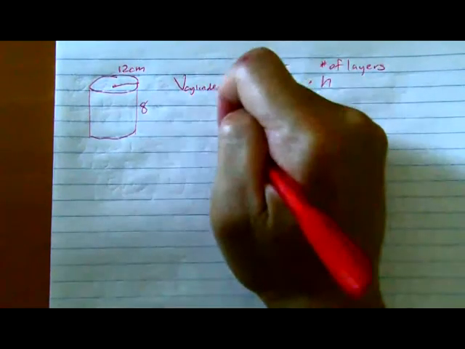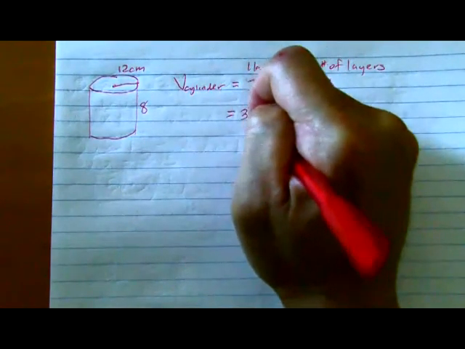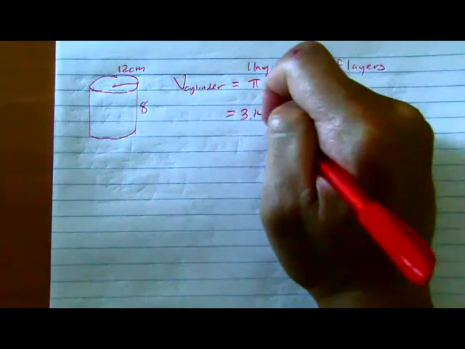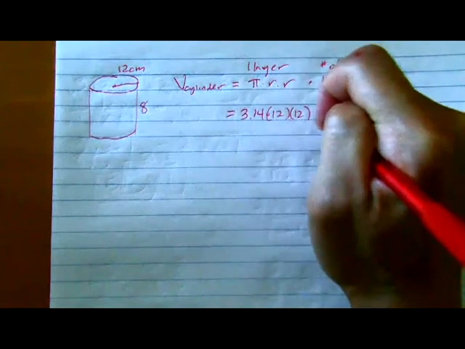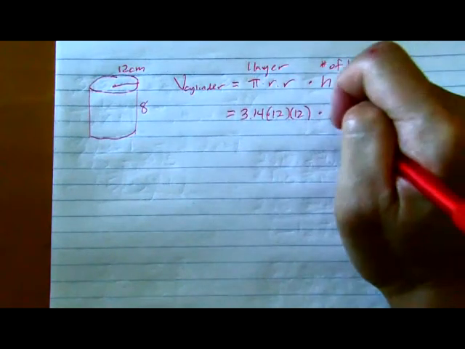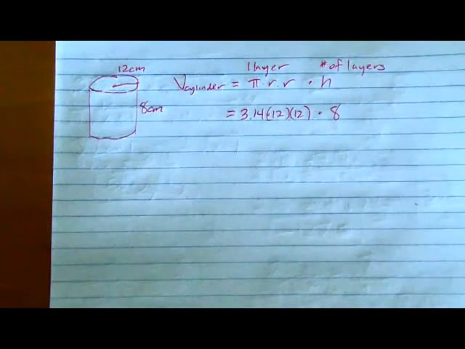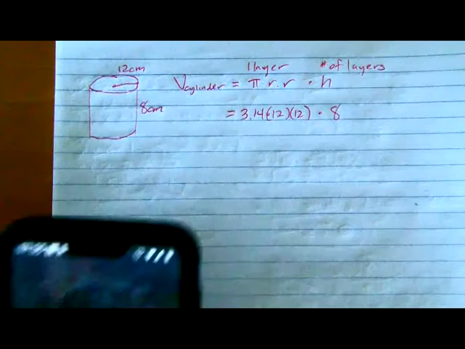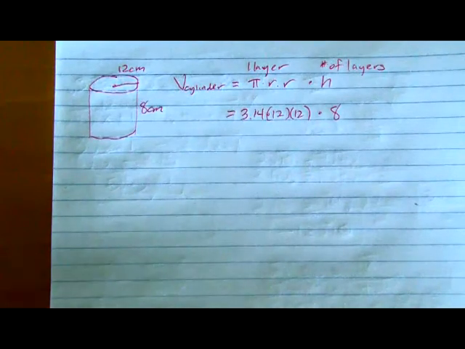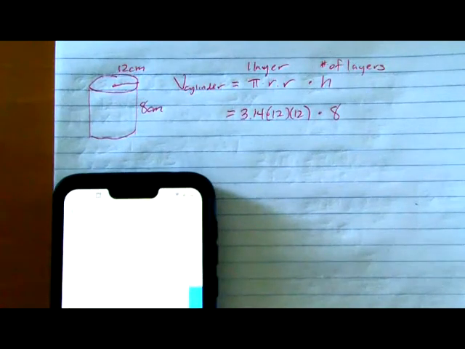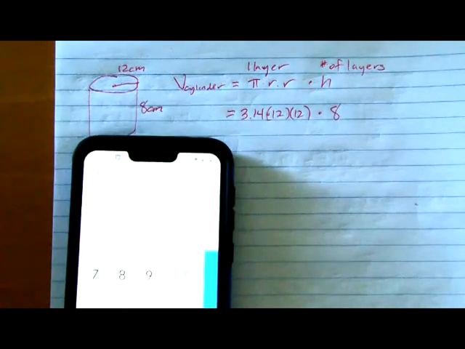Okay, so the value pi is 3.14. The radius is 12, so 12 times 12. We're going to multiply that with the height, 8. So 3.14 times 12 times 12.